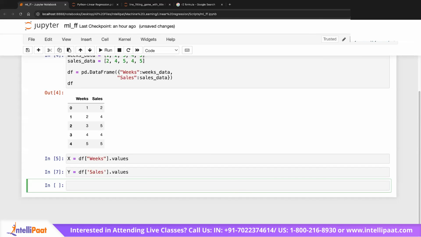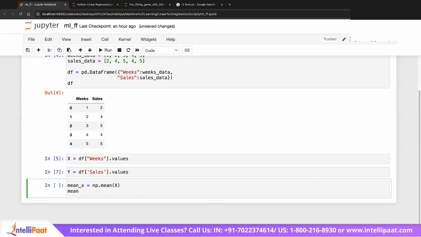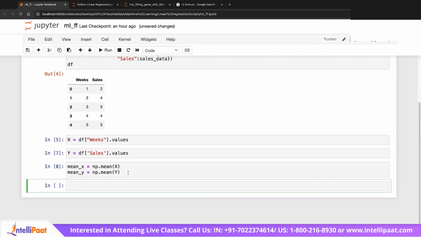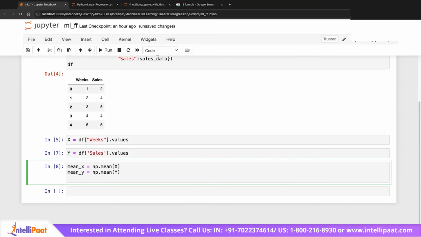The first step that we do is calculate the mean of X and mean of Y, correct? In the mathematical example also, I calculated the mean of X separately, then the mean of Y. Mean underscore X equals NP dot mean of X. Mean of Y is going to be NP dot mean of Y. Did I take the mean of X and the mean of Y separately?